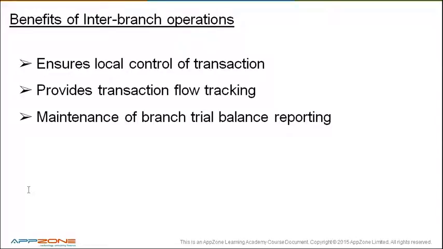Without an interbranch default settlement, there is bound to be an imbalance in the trial balance of the two branches. But with the default settlement in place, the system automatically posts the balancing figure for each of the branches into this GL, and at the end, the branches will still be able to maintain an equal trial balance.